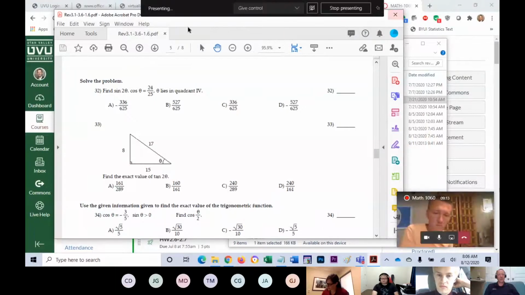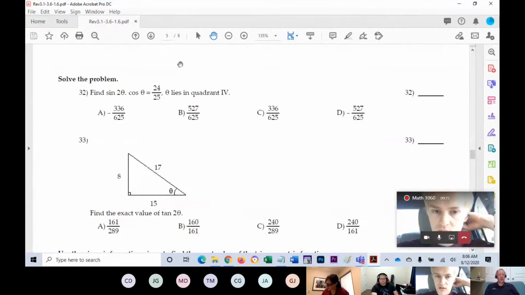So it says solve the problem, and we've got this nice triangle here. Angle theta, find the exact value of the tangent of 2 theta.